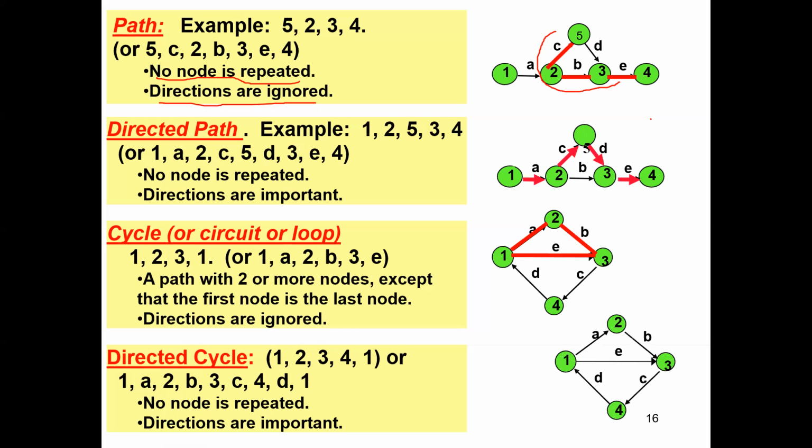In this first cycle, the directions are ignored. If you have a directed cycle, then you take into account the direction. So now you have these arrows, and you have to make sure that your cycle follows those arrows. So 1 to 2, 2 to 3, 3 to 4, and then back to 1.